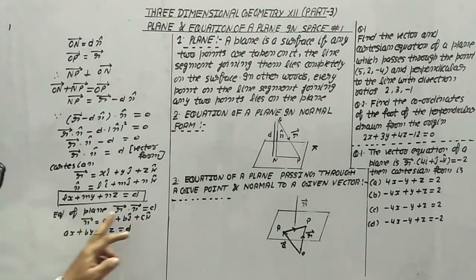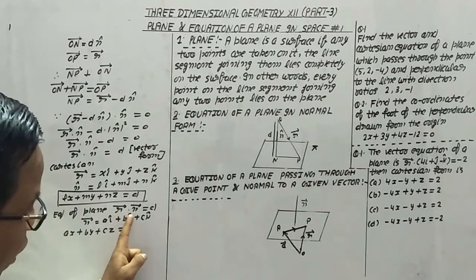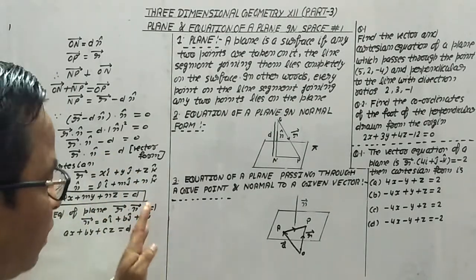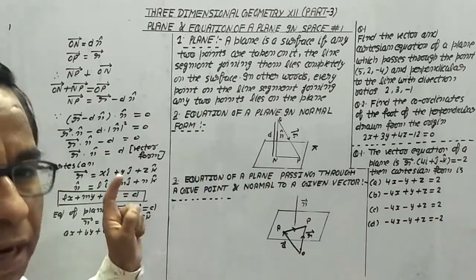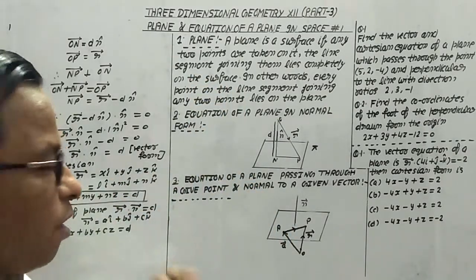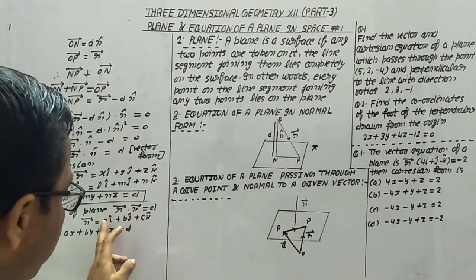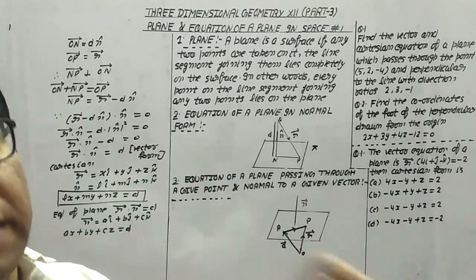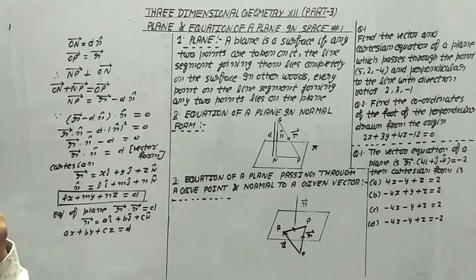So this is also a form of the equation of a plane in normal form, but in this situation we will not say d is the perpendicular distance from the origin, because this is the vector n. If we have to find the perpendicular distance from the origin, then we have to convert these DRs into DCs. So this is a very important concept, and one of the most important equations of a plane.